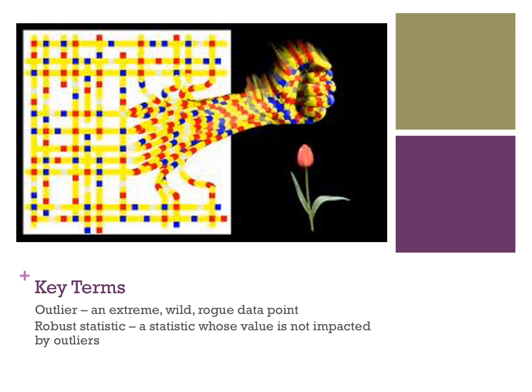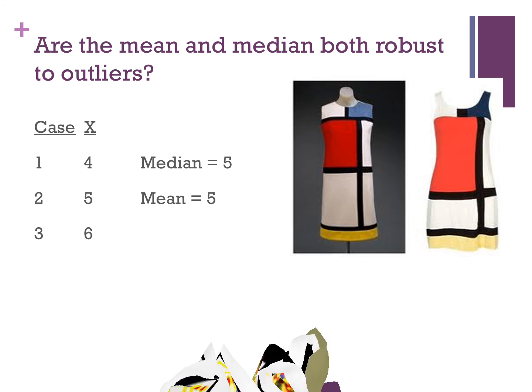A key term is outlier. An outlier is an extreme, wild, rogue data point. A robust statistic is a statistic whose value is not impacted by outliers. Are the mean and median both robust to outliers? The median and the mean give us the same value for the center of these data.